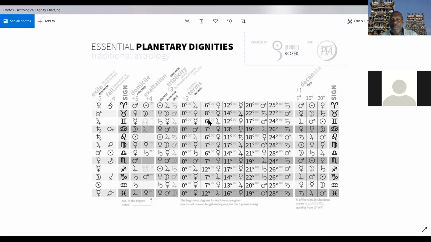So for instance, let's say my ascendant is 27 degrees of Sagittarius, which puts it in the last bound of Sagittarius, which makes Mars the ruler.